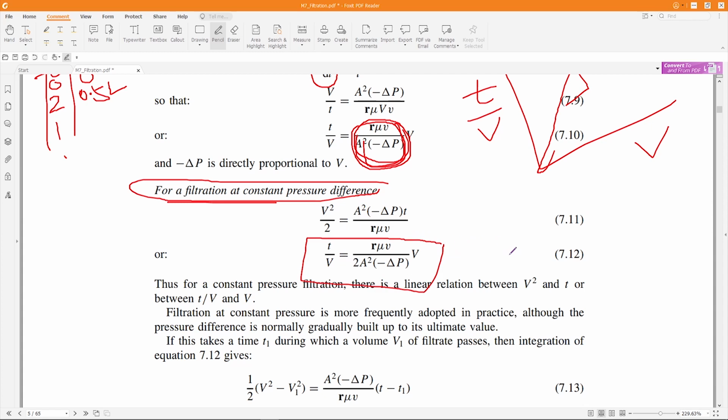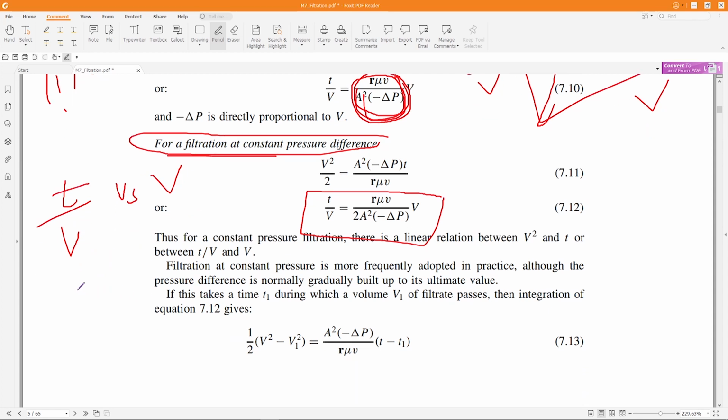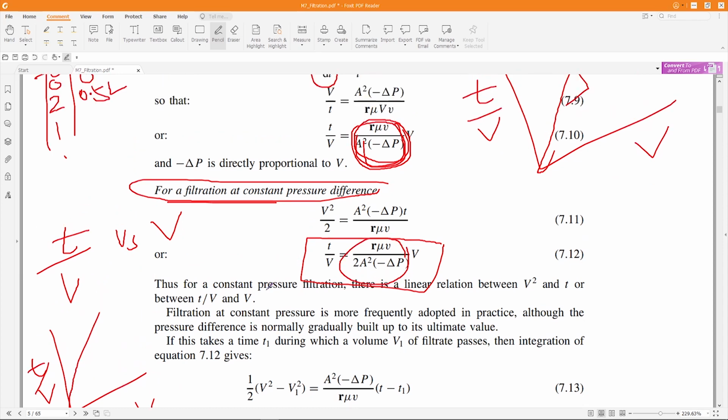You can plot T by V versus V to get a straight line. So this is T by V and V, and you can get the slope here. This is for constant pressure filtration.